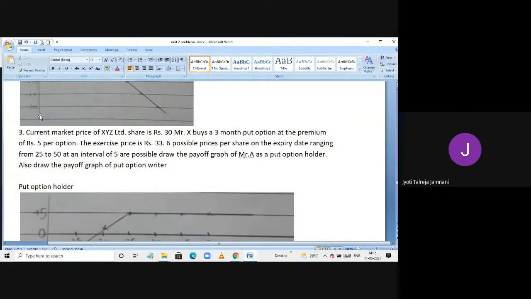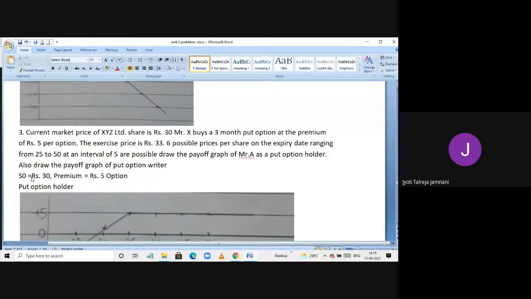Okay, now the third question is about put. So see here, current market price of XYZ Limited shares is rupees 30. So as of now, S0 is rupees 30. X buys a 3-month put option at the premium of rupees 5 per option. So premium is rupees 5, and this is which type of option?